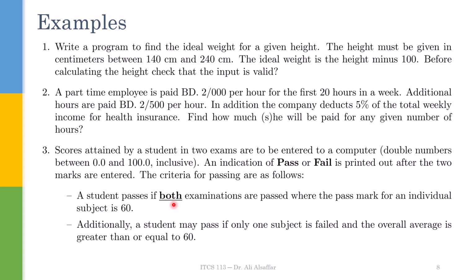For both failed, we should reject it, it will be fail. But if one of them is pass, then we need to compute the average. According to the average, we decide pass or fail. We will analyze the criteria as follows.